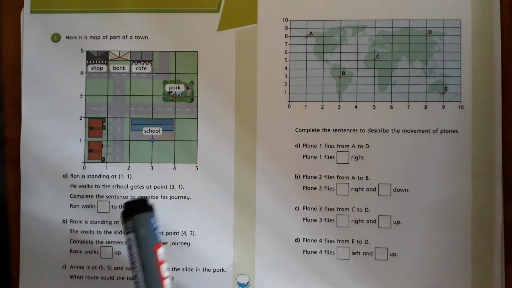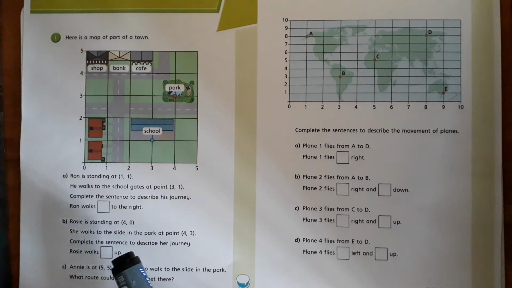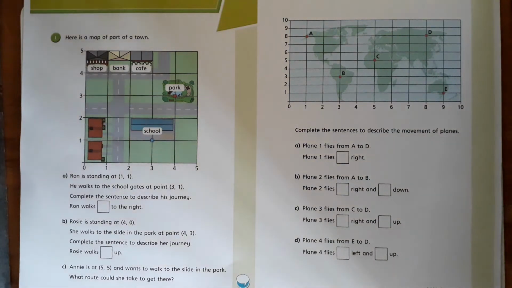Okay, so all the questions on the sheet are really straightforward. You just need to read the question, answer the question. We've talked a lot about that. And also make sure you count accurately the number of squares on the grid that the point has moved.